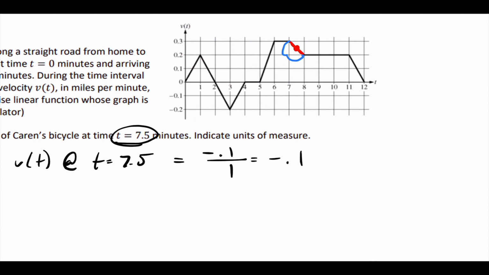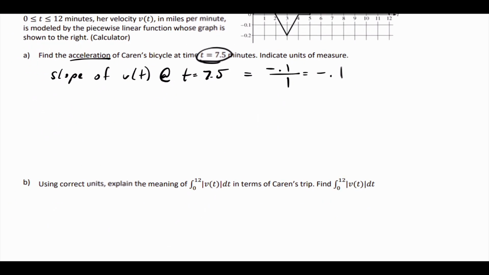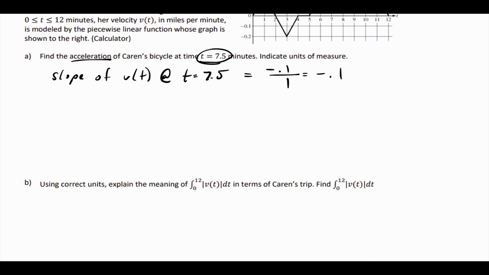Okay? Units of measure. It's acceleration. So how do we measure acceleration? It's a rate. It's miles per minute squared. If it was velocity, this one's miles per hour, right? Or per minute, it said.